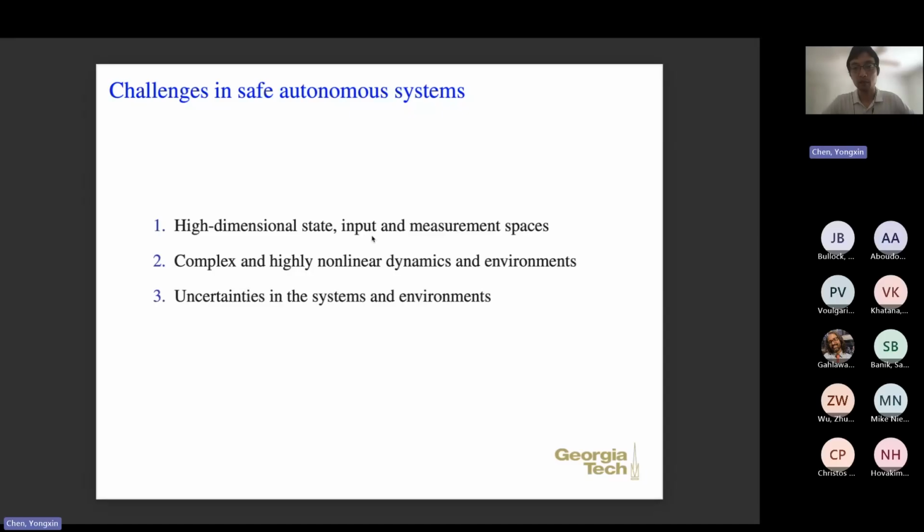For instance, if you have a vehicle, the state space may be, I don't know, 6. If you have a quadrotor, it can be 12 or even higher. This is a very large state space, and this type of high dimension induces very large computational cost if you want to use certain methods. So this basically means computational complexity.